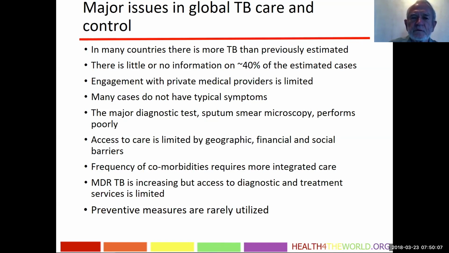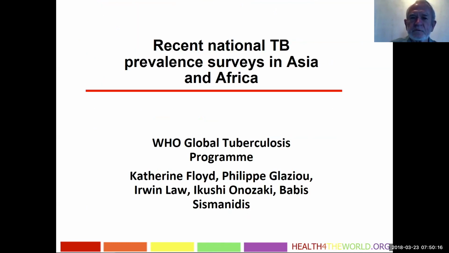So let's move on to look at the data from which these conclusions have been drawn. Most of this comes from tuberculosis prevalence surveys that have been conducted by the WHO Global Tuberculosis Program, this unit being led by Catherine Floyd.